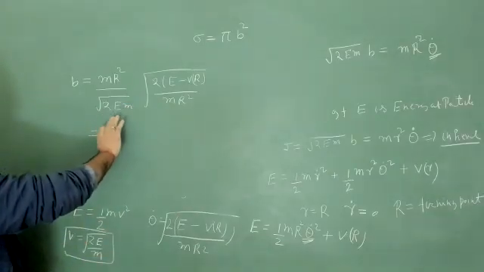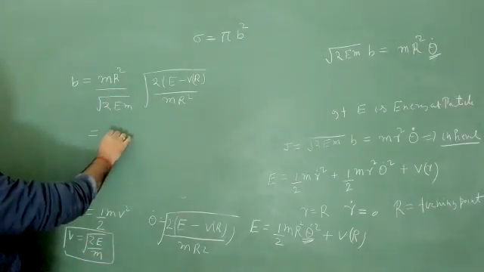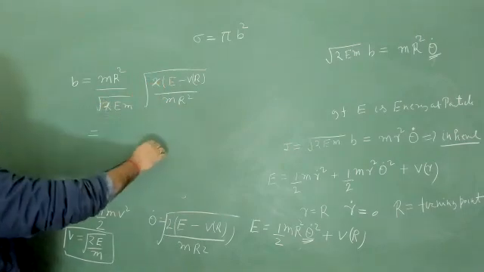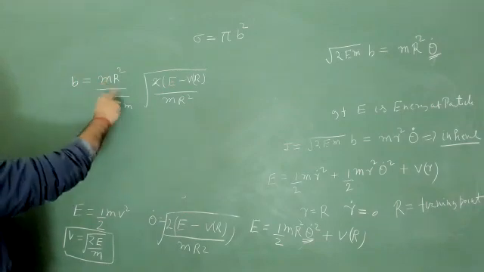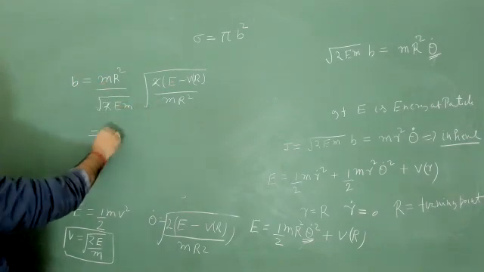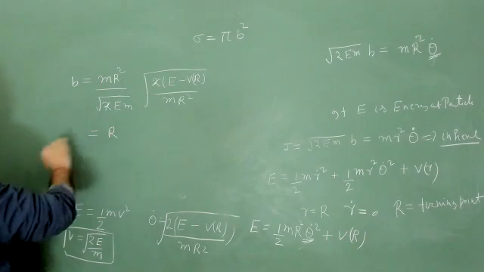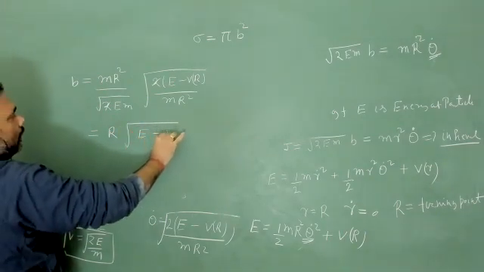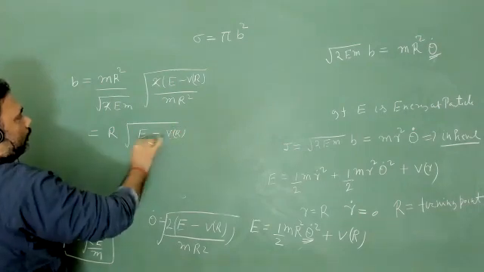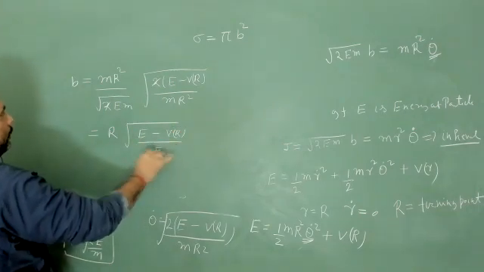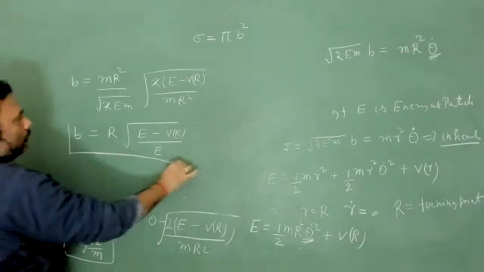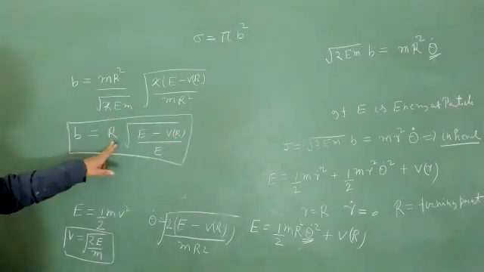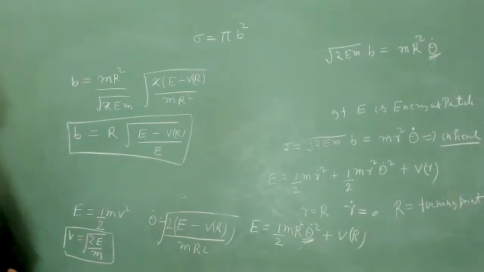So you can take this value. This 2 cancels, there is root m and this root m also cancels. We can have r outside. Let's say this is root of E minus V(R) upon E. Now look at this, this is your impact parameter as a function of closest approach.